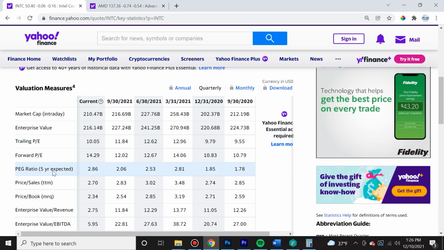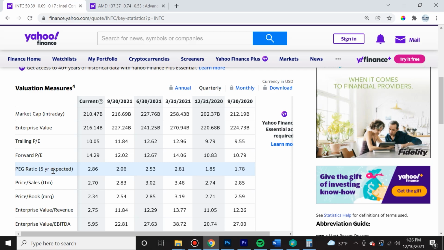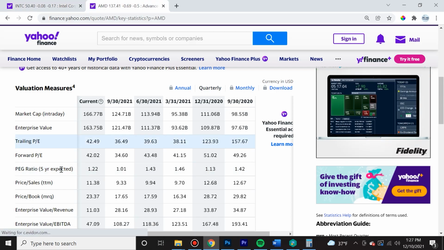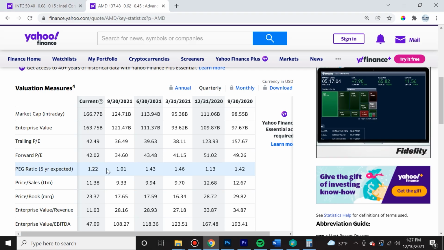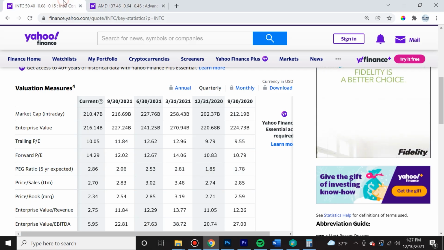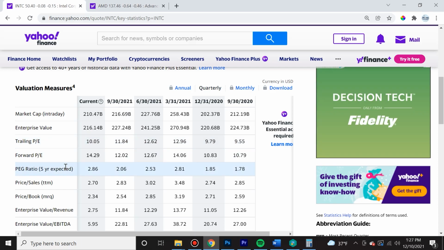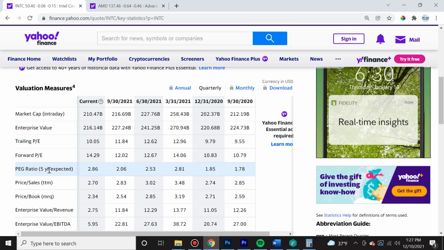However, the PEG ratio, which takes earnings per share growth into account, is showing a different picture. It's showing that Intel has a 2.86 PEG ratio, whereas AMD has a much lower PEG ratio of 1.22. And we can go further and actually calculate the forecasted 5-year earnings per share growth.